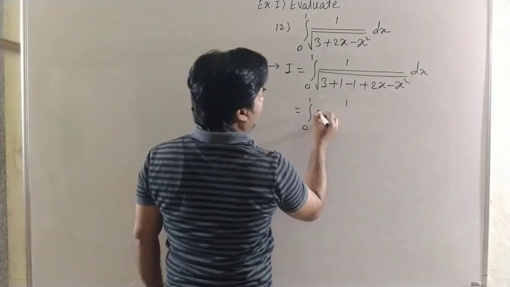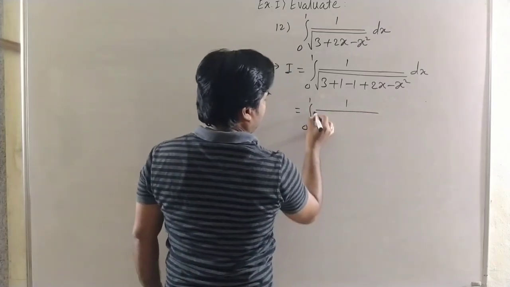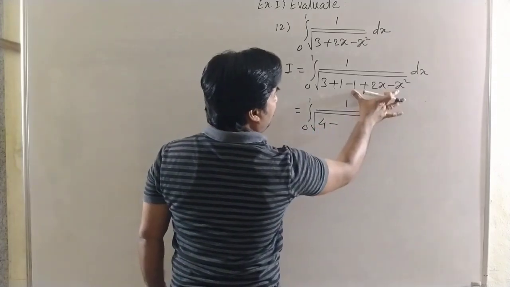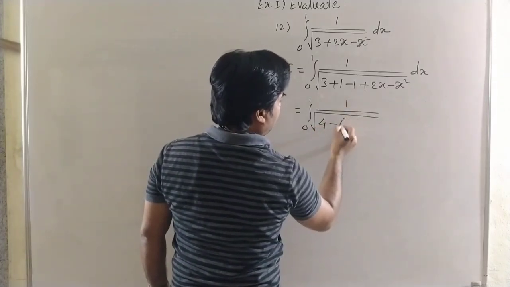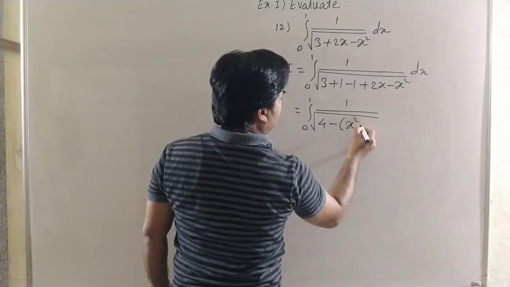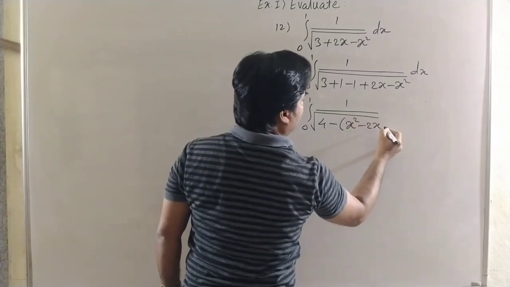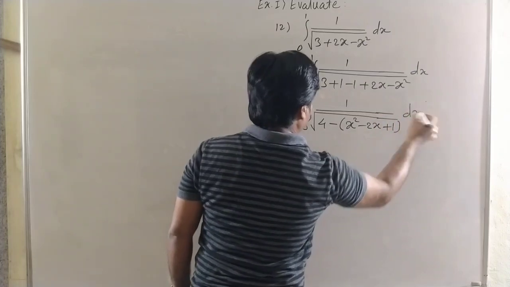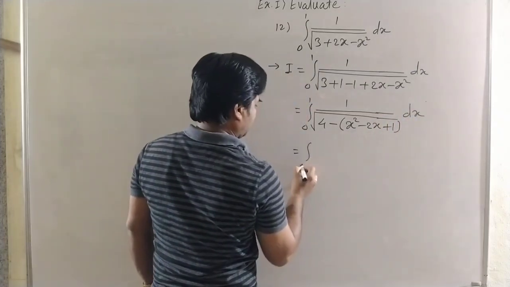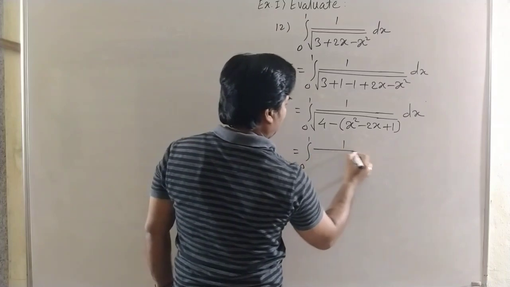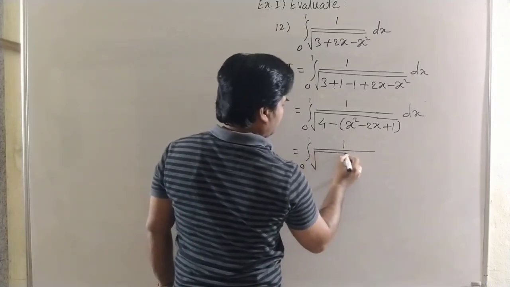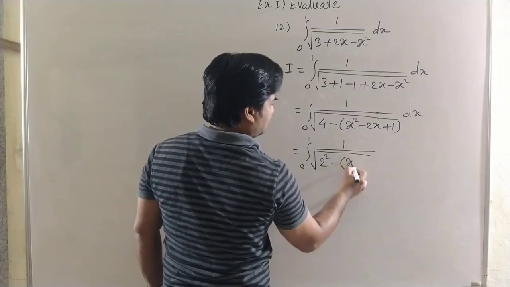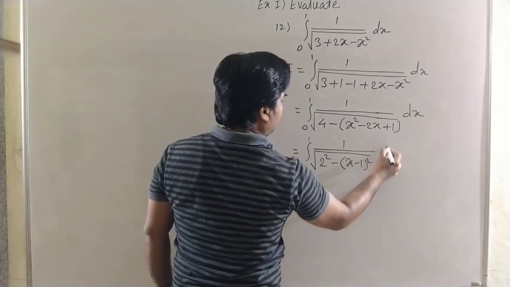Integral 0 to 1 upon under root 4. Take minus common of the last 3 terms. It is minus of x square minus 2x plus 1. Integral 0 to 1 upon under root 2 square minus (x minus 1) square dx.